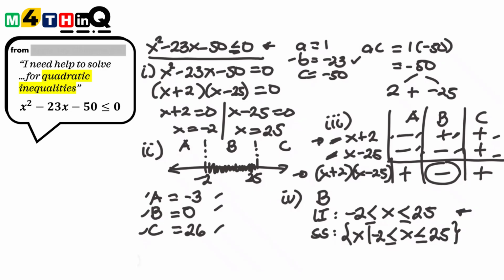And finally, for our interval notation, which is also essential for you to master, we use here intervals or this symbol. As we pick the endpoints of that region. The endpoints are -2 and 25. And since we include -2 and 25, we close it using brackets. So this is how we answer this given item here.